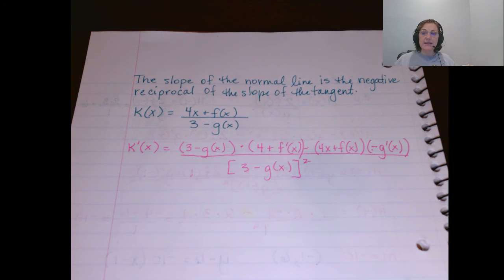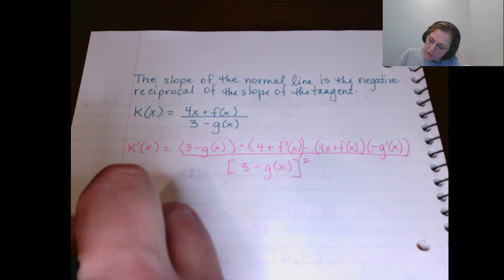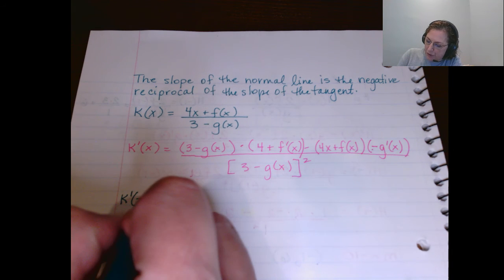Okay, and we're doing this at -2, so we're plugging in -2 for our value. So I've got k prime of -2.